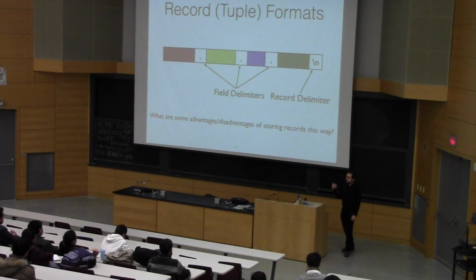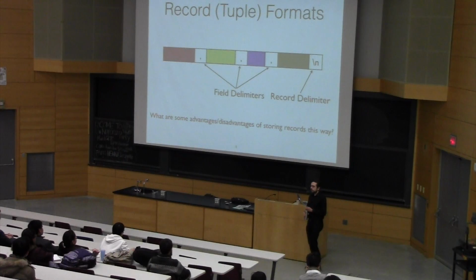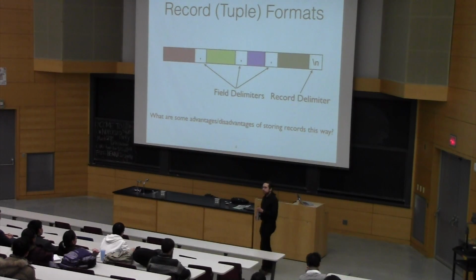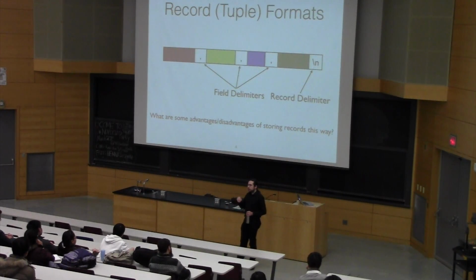What are some disadvantages? You said there's no logical separation between members. What do you mean by that? So let me rephrase that. It's not possible to tell where each tuple starts.